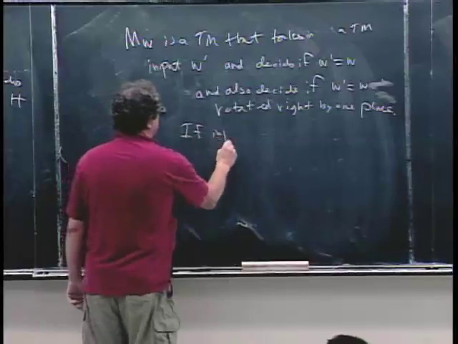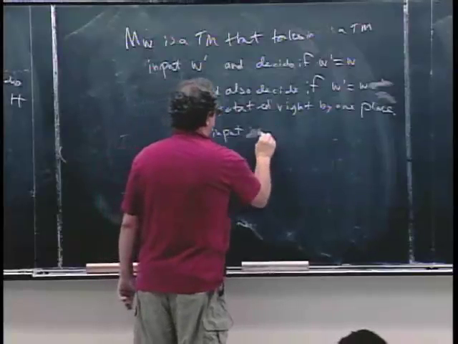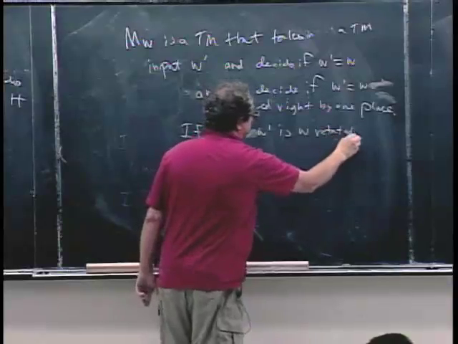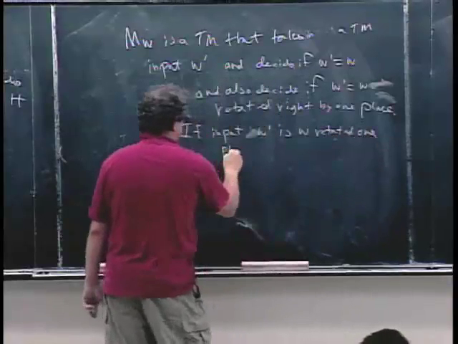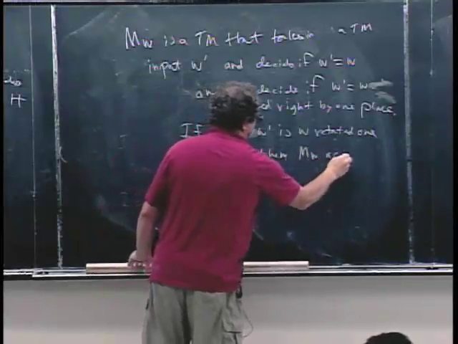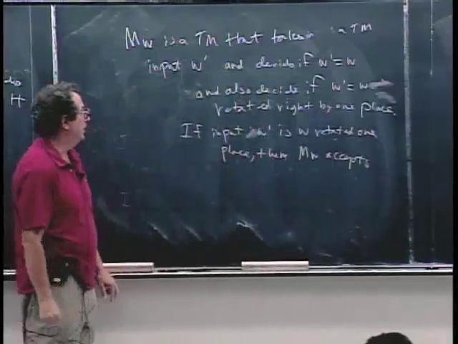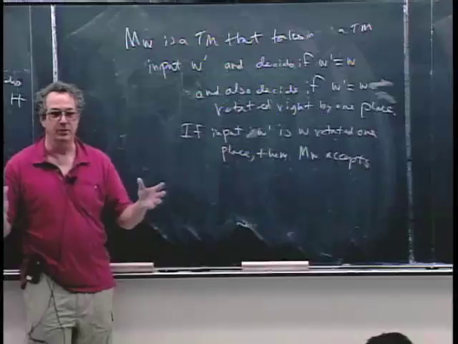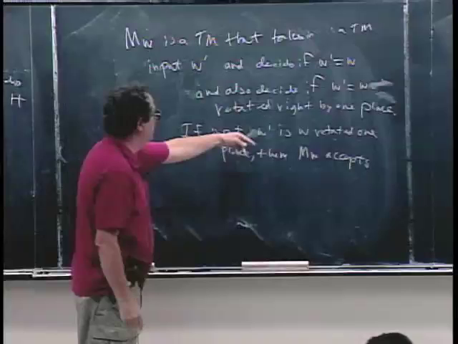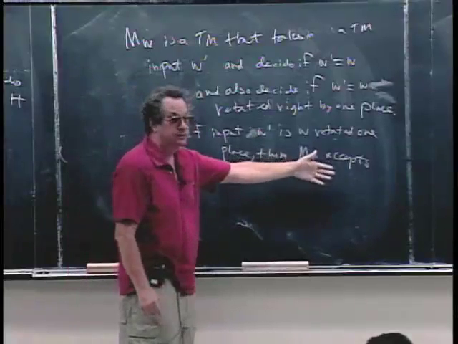If the input W prime is W rotated one place, then MW accepts. Right? I say right, but obviously nobody can know whether that's the right thing yet because you haven't seen the big picture. If input W prime is W rotated one place, then what MW shall do is accept.